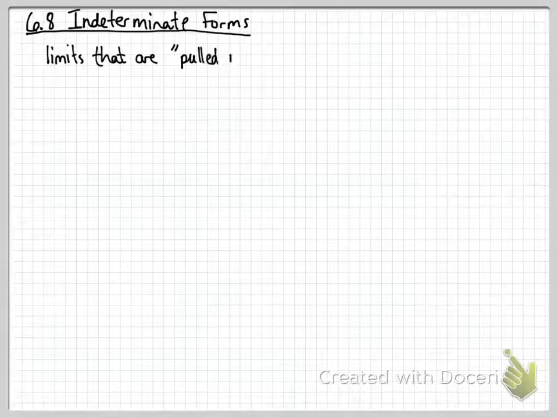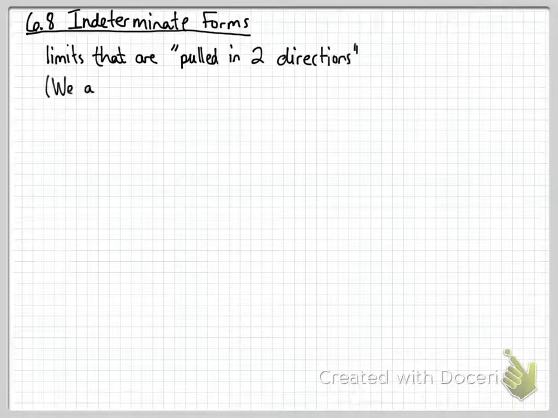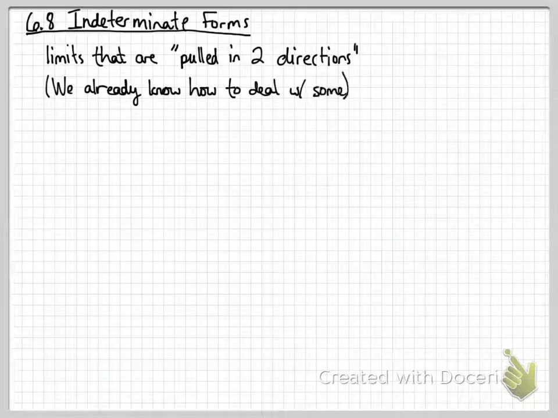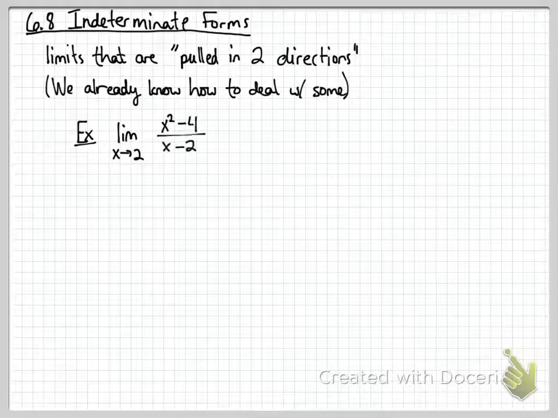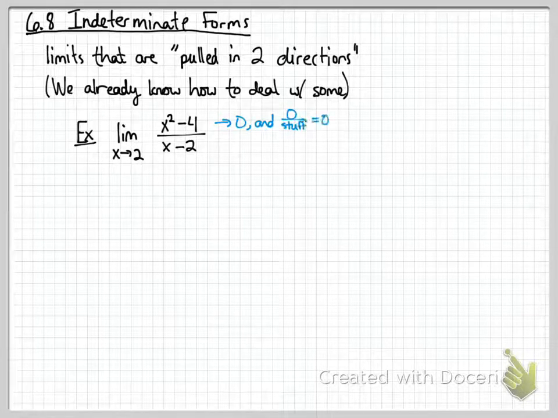Okay, so indeterminate forms are limits that I think of as being pulled in two directions, and some of these we already know how to deal with. So here's an example of a limit pulled in two directions. If you have the limit as x approaches 2 of (x squared minus 4) over (x minus 2), if you think about the numerator, that numerator is going to 0, and 0 over anything we think of is 0, right? 0 over whatever is 0.